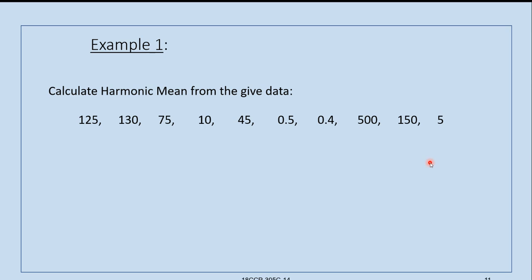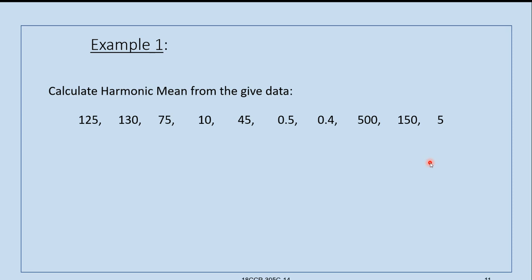In the second column, as per the procedure, we will take reciprocals of these values. That is, the reciprocal of 125 is 1 by 125. Reciprocal of 130 is 1 by 130. Reciprocal of 75 is 1 by 75. 1 by 10, 1 by 45, 1 by 0.5, 1 by 0.4, 1 by 500, 1 by 150, 1 by 5.